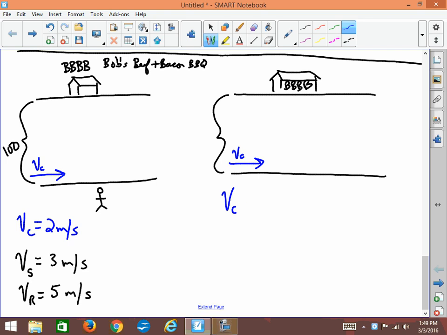Of course, the current is the same because it's the same river, and your friend has the same swimming speed as you do. Normally, you would be able to run a lot faster than you could swim, but for simplicity of numbers, we'll just pretend that you're an awesome swimmer, but a pretty crappy runner. So you're kind of the same, 3 and 5.